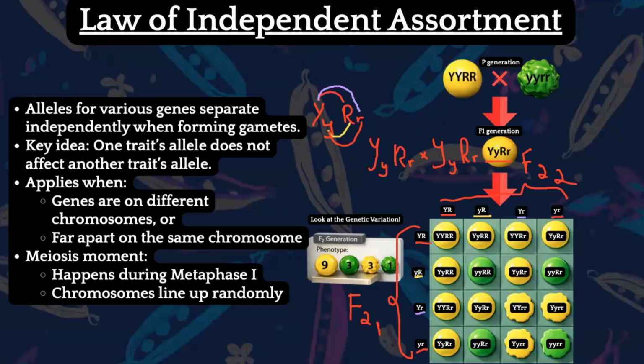When we do the dihybrid cross, we have to go ahead and basically combine all the possibilities that you see. So big Y, big Y, big Y, big Y, big R, big R, big R, big R. So we have that one. And then you go down and combine them both. So we have big Y, big R. So that's where you see the big Y, big R. And then little y, big R, excuse me. Little y, big R. So you can see all the possible combinations as you go down this chart.